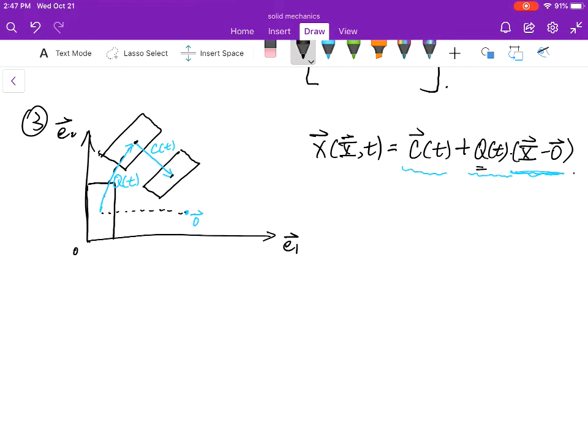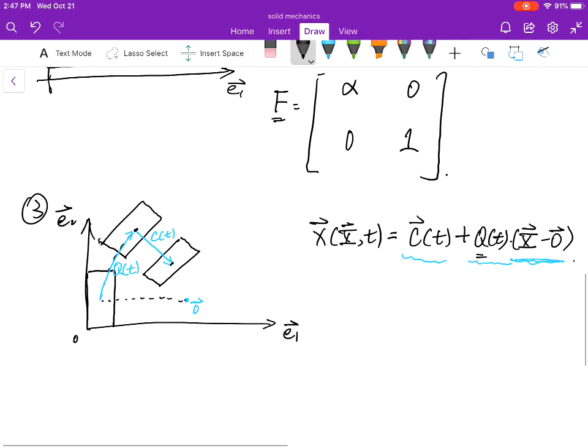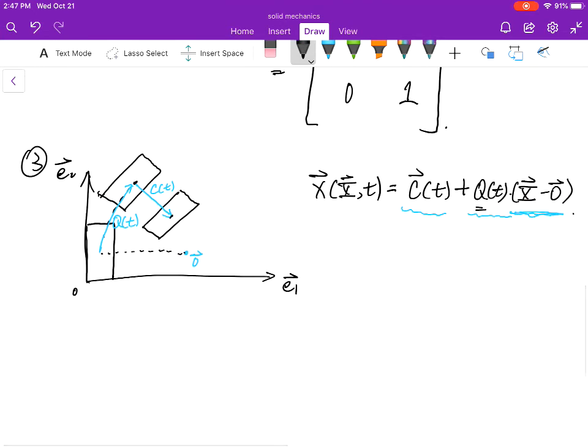Okay, if we admit this, then we can get the deformation gradient tensor just as before with this equation. Oh, actually, we do not really need to use that. We can directly apply our tensor form equation, and then we just substitute this whole thing.